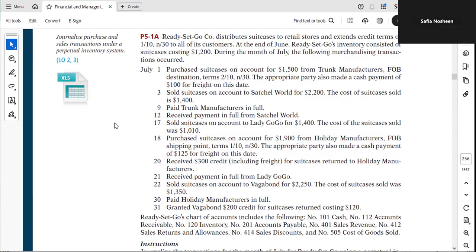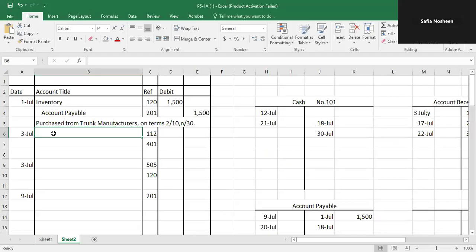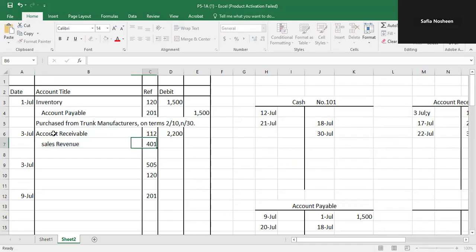So let's do it. Sales revenue increases, so accounts receivable 2200, and sales revenue, like revenue is always credited, so sales revenue will be credited.